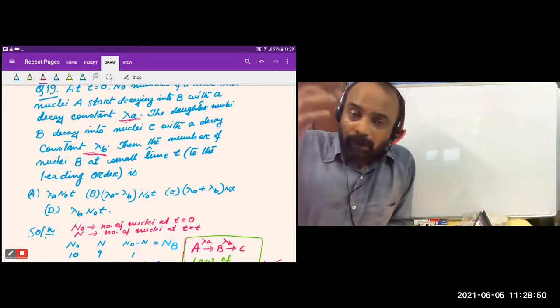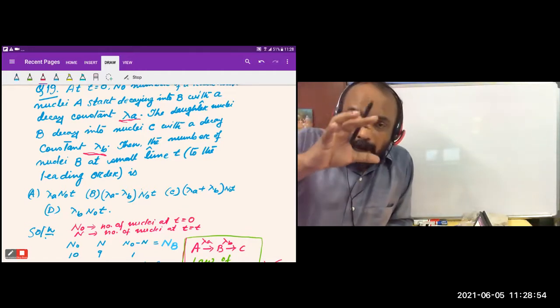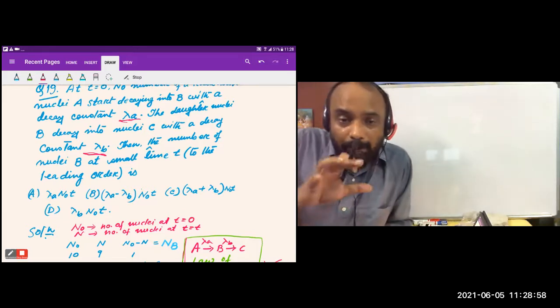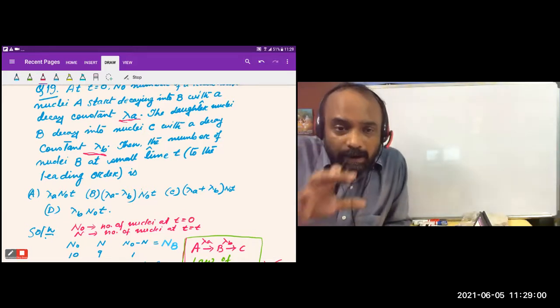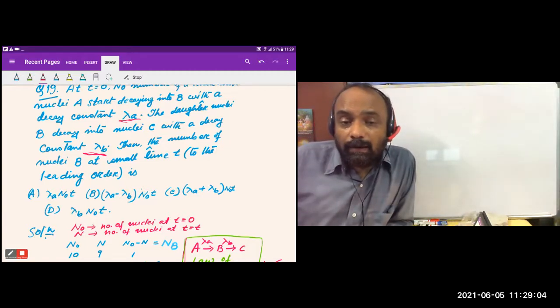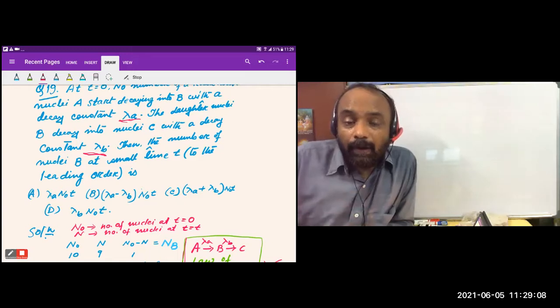If I think that B is connected to C, that means B is decaying into C. Now the question is, which is our starting material?